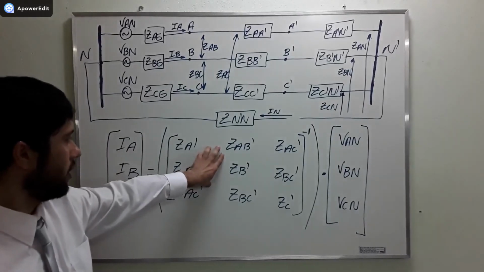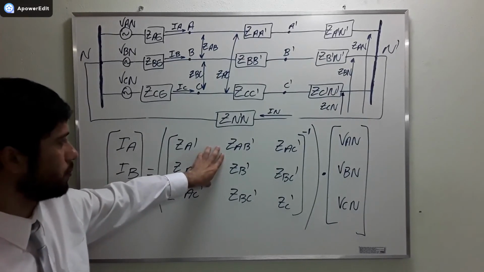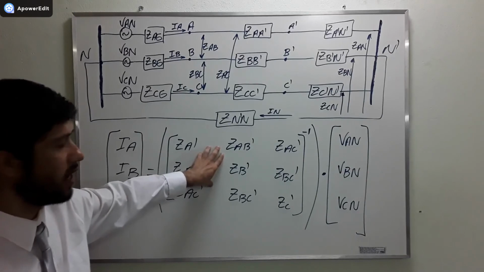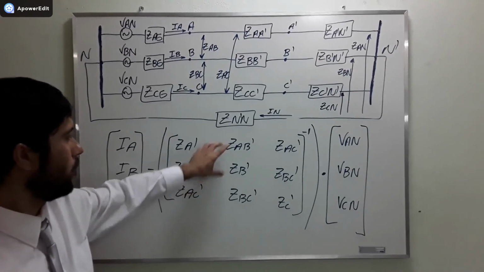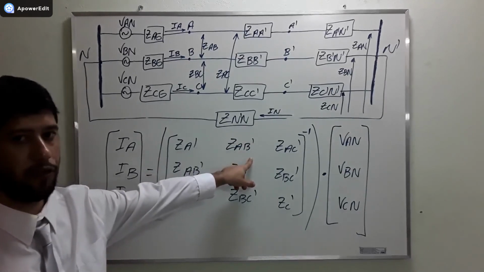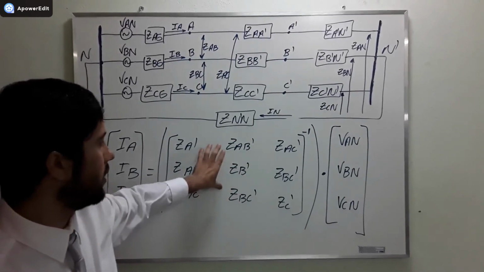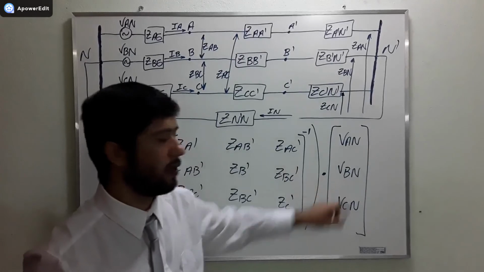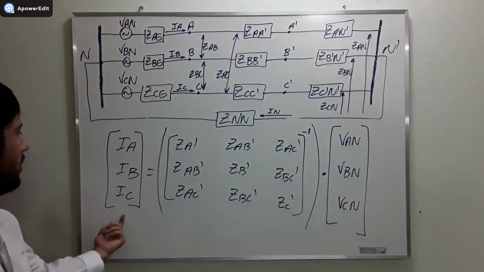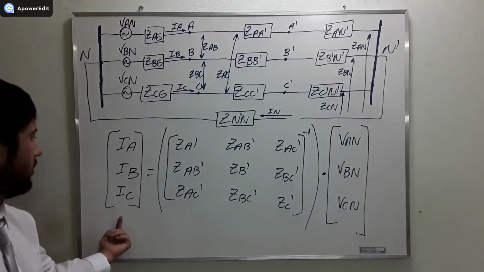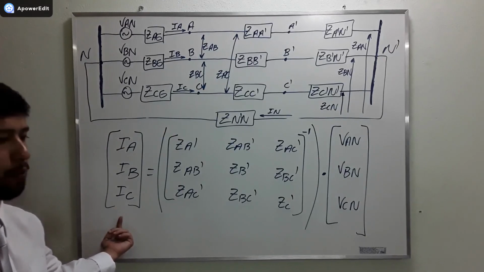This matrix here is the impedance matrix, but what we want is the admittance matrix. When we invert the impedance matrix, we get the admittance matrix, and when we multiply the admittance matrix by the voltage matrix, we get the currents. And this is the solution of our problem. This is what we want.